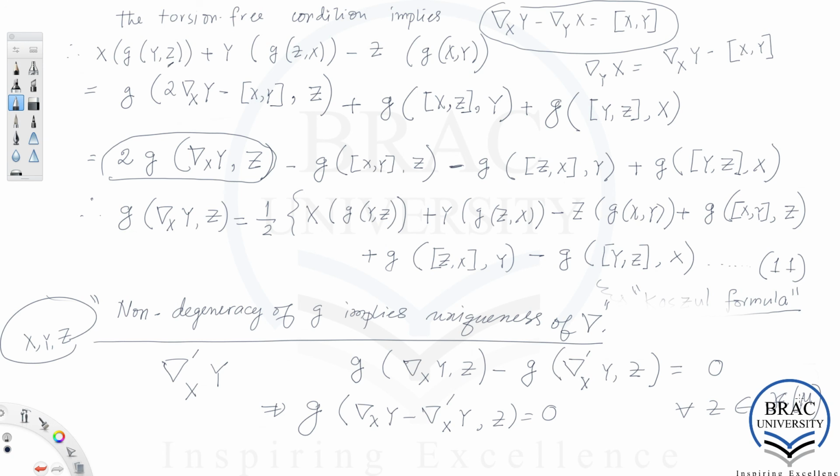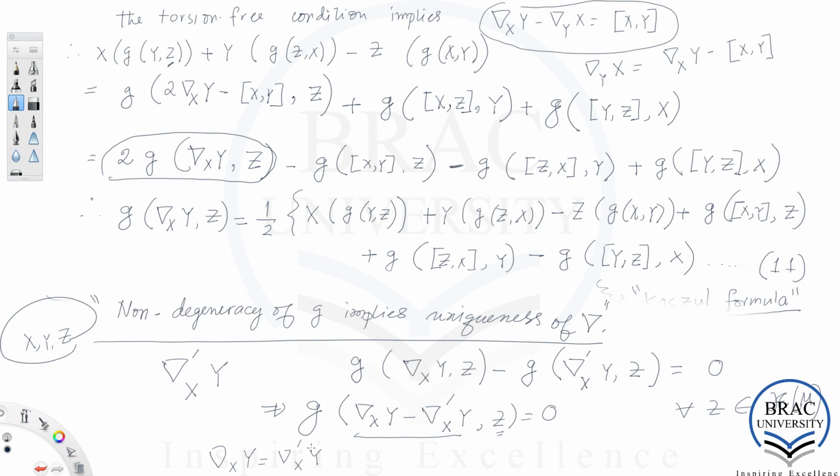Okay. But from non-degeneracy of the metric tensor field, we know that if this is equal to 0 for all z in the space of vector fields on the manifold, then it has to be identically equal to 0, which means that nabla x y should be equal to nabla prime x y.